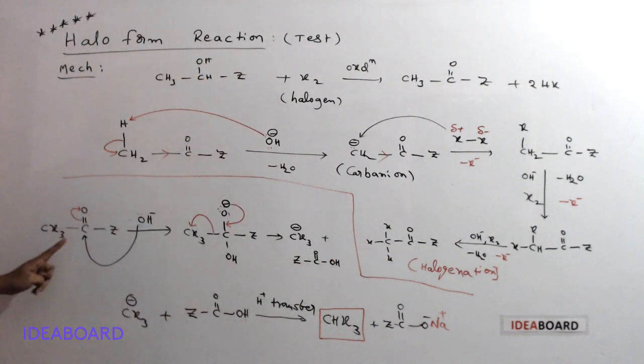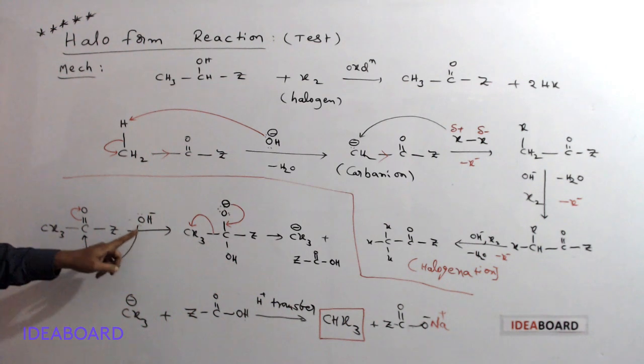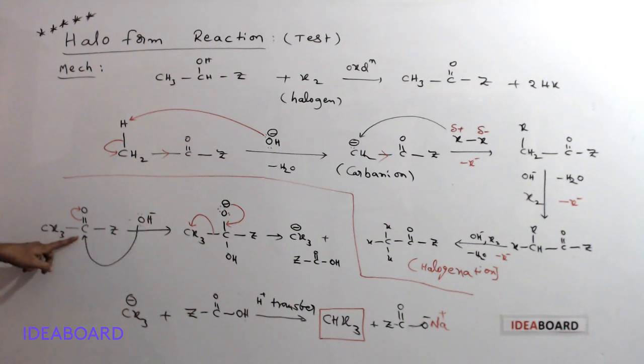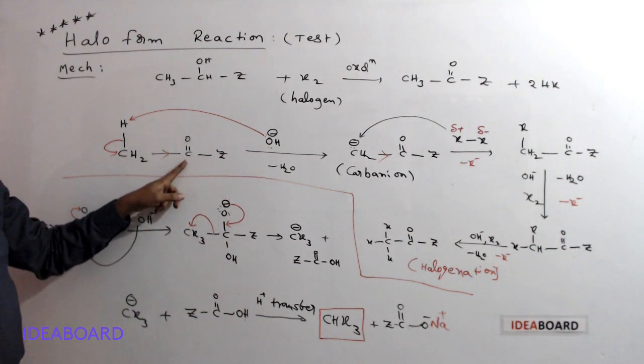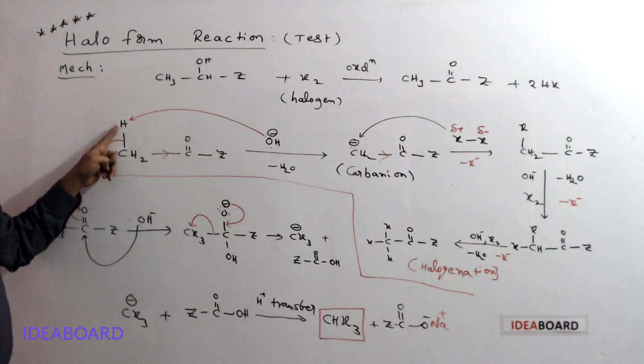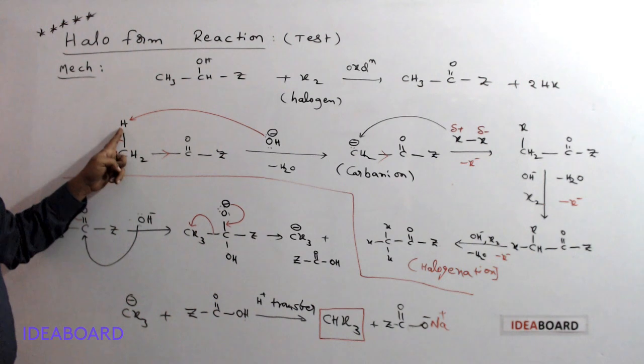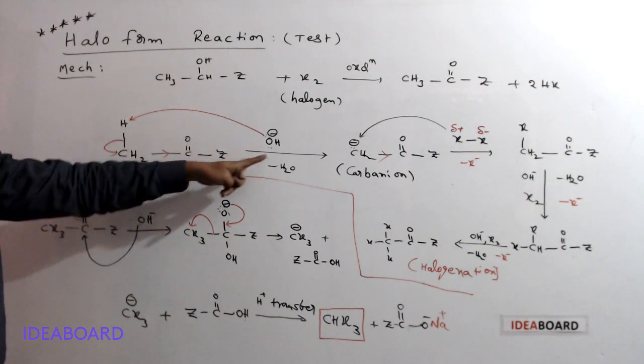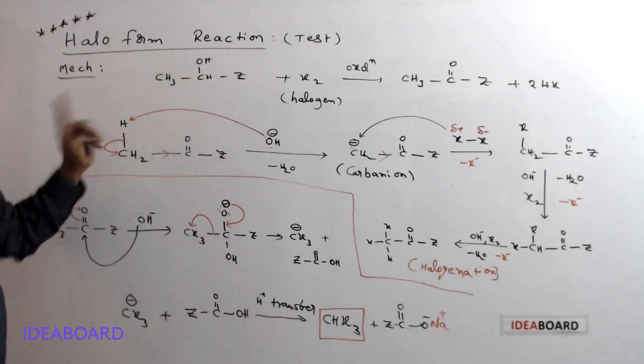I am taking the same compound here to write the next step. Again, if we add a base, what happens? That base attacks on the carbon. Okay, sir, why can't this base attack here? Because here we have an acidic hydrogen or proton. If a proton is available, generally the base will attack the proton.